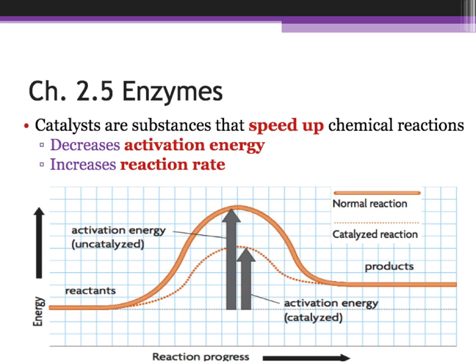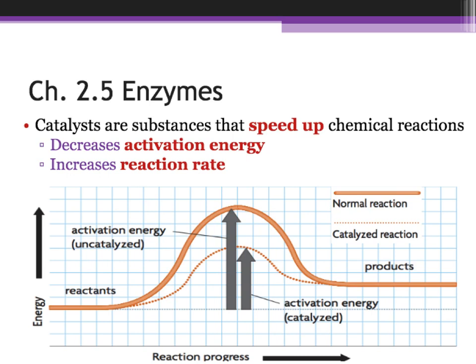That takes us to section 2.5 on enzymes. Enzymes are a specific type of catalyst. You can use catalyst in everyday language, like be a catalyst for change means speed something up or do something. Any catalyst is a substance that's going to speed up a chemical reaction.